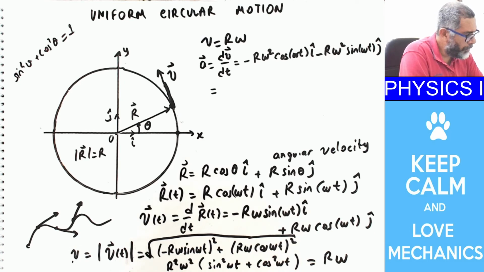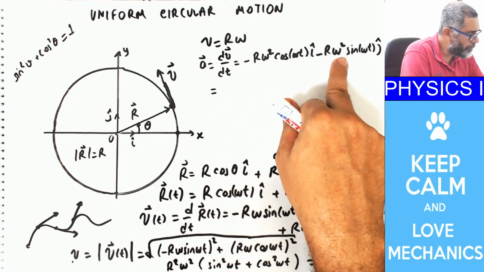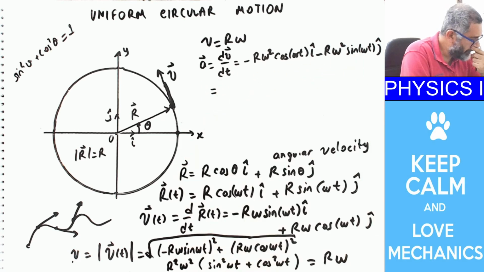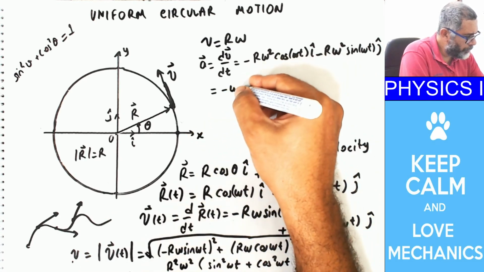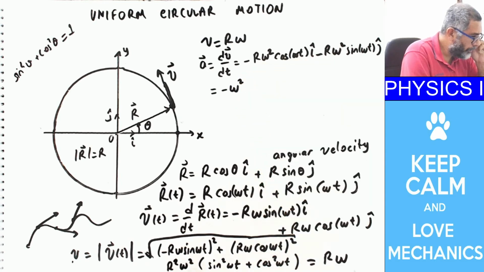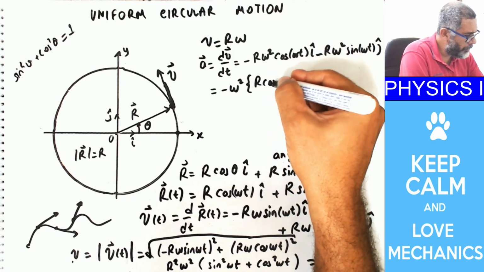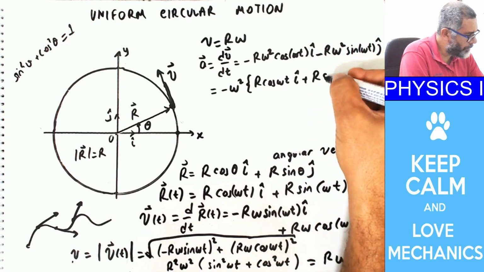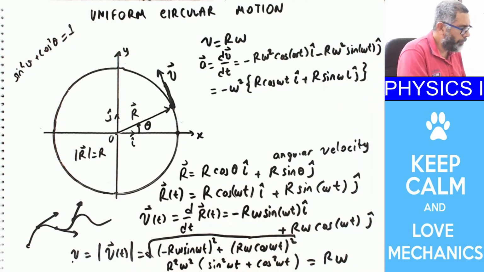You observe that the r omega squared terms are common for both components of the acceleration vector, so I will pick the minus omega squared term as the common factor, and take the parentheses r cosine omega t i plus r sine omega t j, and it will be obvious now why I did this.